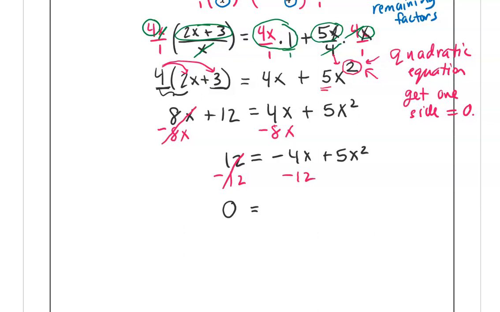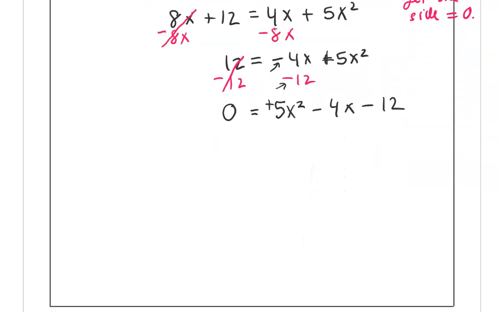But I'm going to write this where I have my x squared term first, and that was positive. I'm going to write my x term second, and that was negative. And then I'm going to write my constant term last, and that was also negative. So I have a positive 5x squared, a negative 4x, and a negative 12.